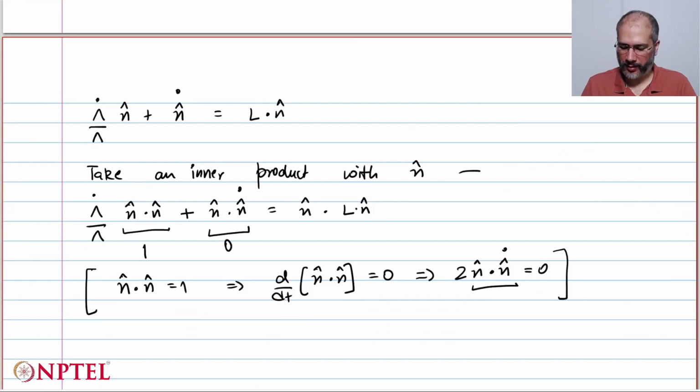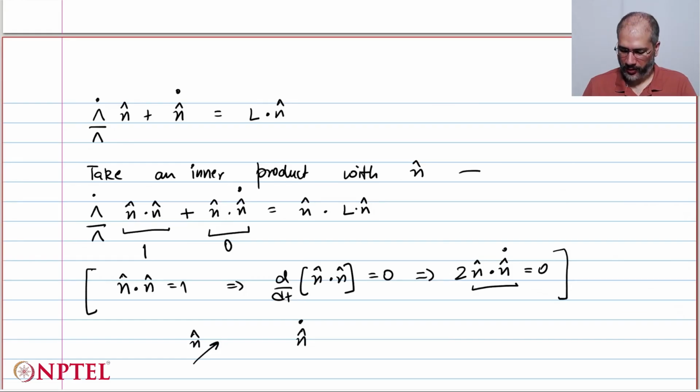Another way to understand this is that n hat is some unit vector. By definition, it's a unit vector. Now, when I say n hat dot, that's the change in n hat with time. Now, n hat being a unit vector cannot change in length. The only thing it can do is rotate. Remember the definition of a unit vector?